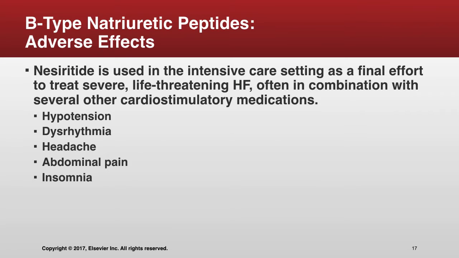So the adverse effects that are associated with it include hypotension. Remember, we've got vasodilation that's happening with this medication. So when you have vasodilation happening, you have hypotension. It can cause dysrhythmias, headache, abdominal pain, and insomnia.